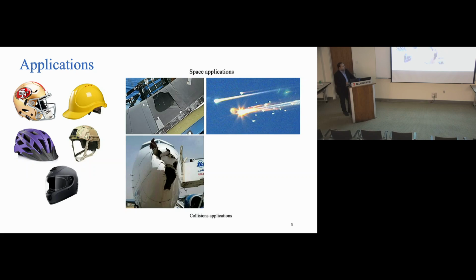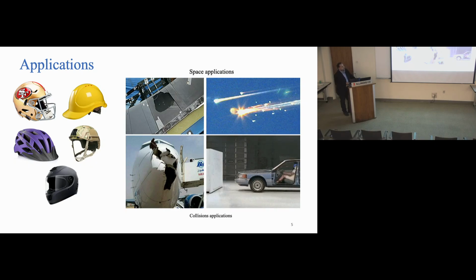One of the very famous problems that we have seen a lot in the news and media is when a bird hits an airplane. The work that we are doing can also improve or solve this kind of problem. The other application is collisions for cars and so on.